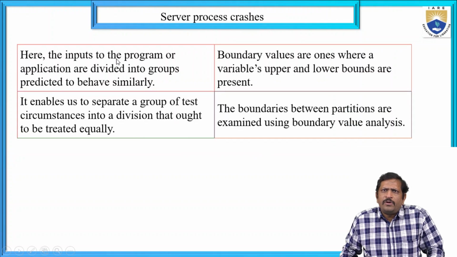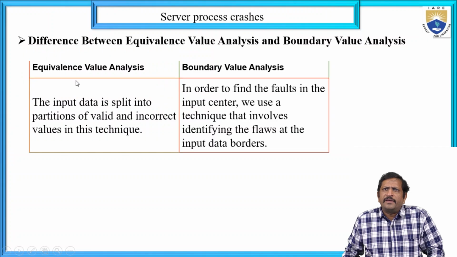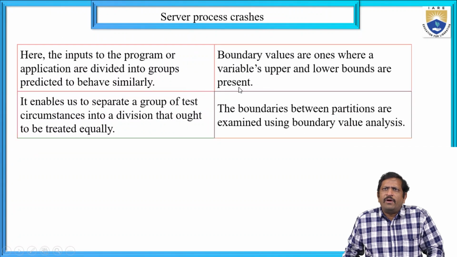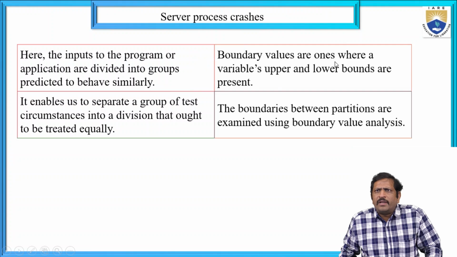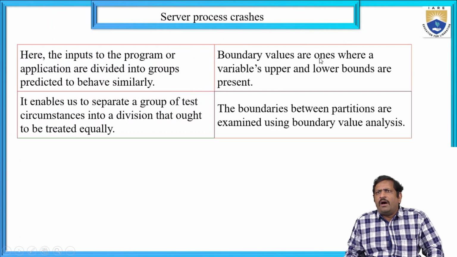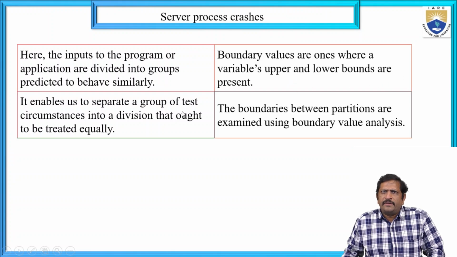Here the inputs to the program are divided into groups and predicted to behave similarly in equivalence partitioning. In boundary value analysis, boundary values are ones where the variable's upper and lower boundaries are present.